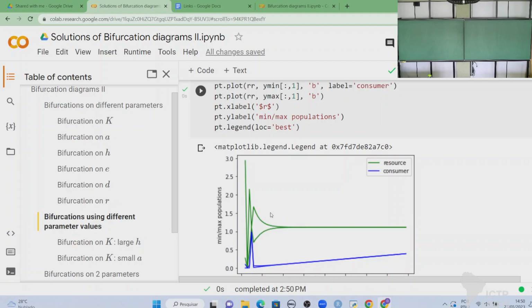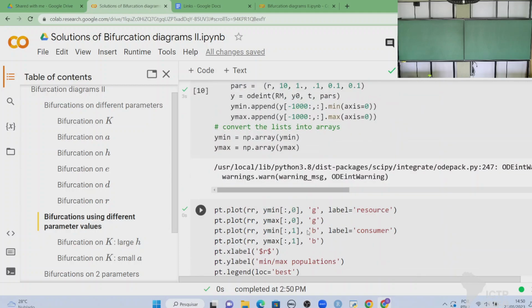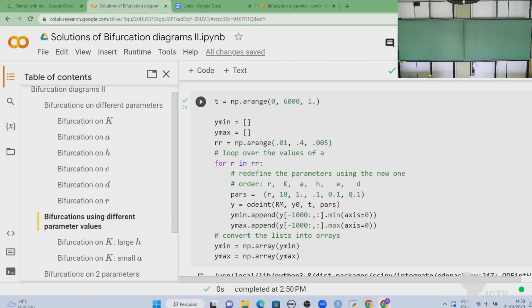But for G equal to 0.1, we didn't see this issue. Yeah, it's a bit harder to find. Nice, good job.